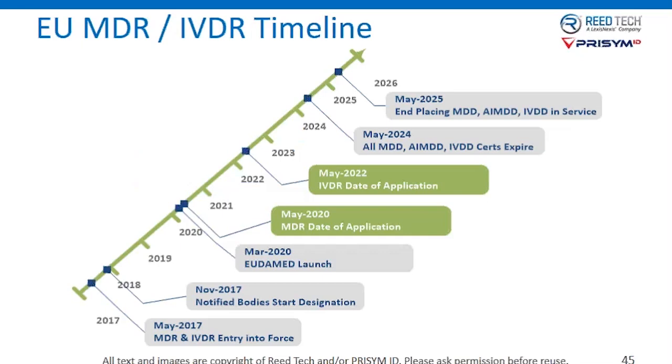A couple items on this particular timeline, the ones in green are most noteworthy for the date of application for the MDR in 2020 and IVDR 2 years later. We're in the 2018 time frame now, and there is some activity going on with the notified bodies being redesignated.